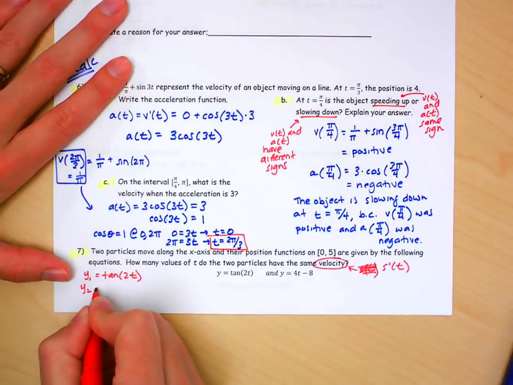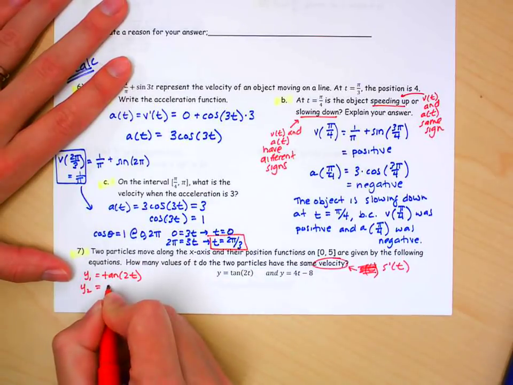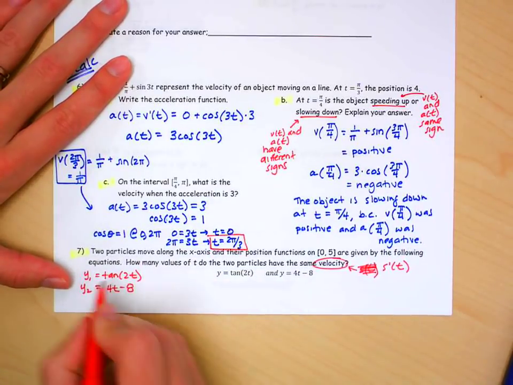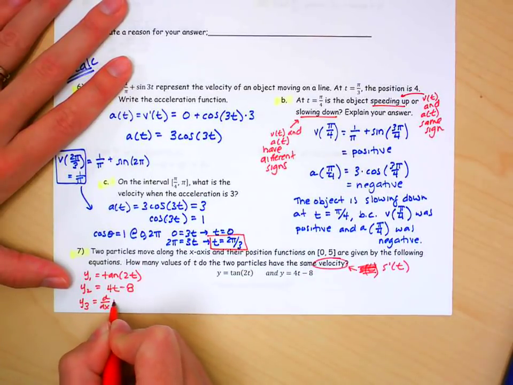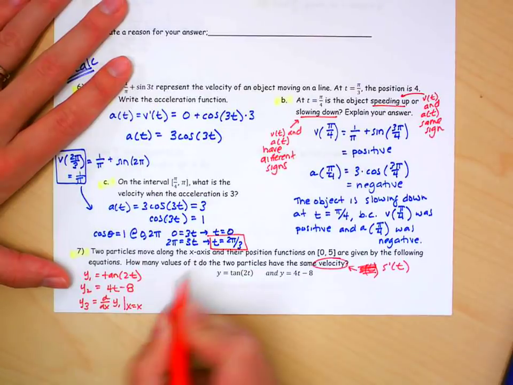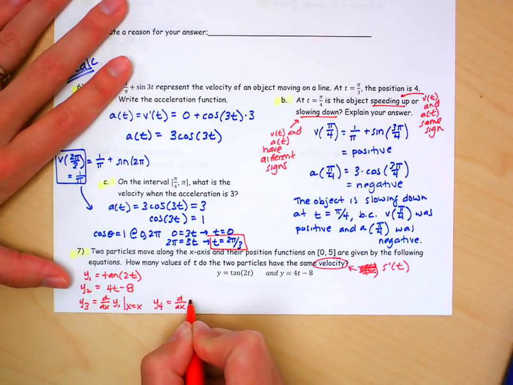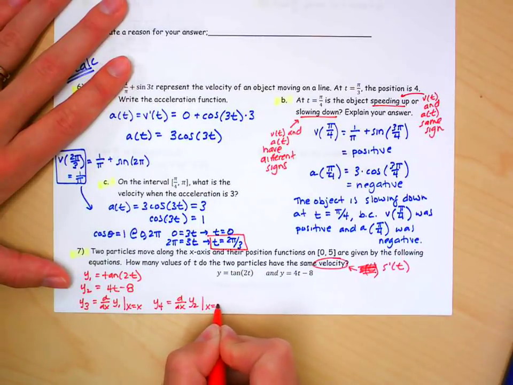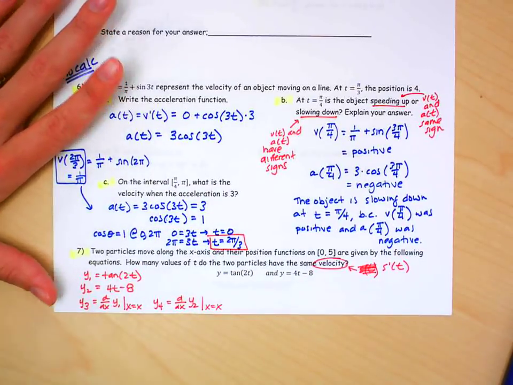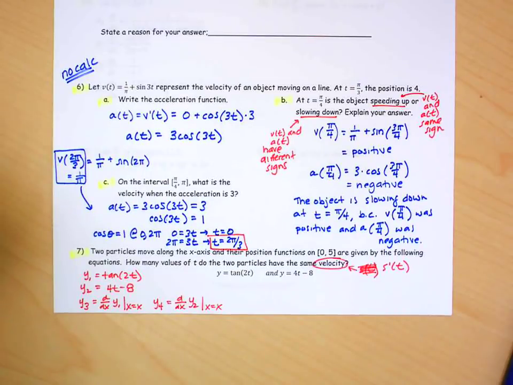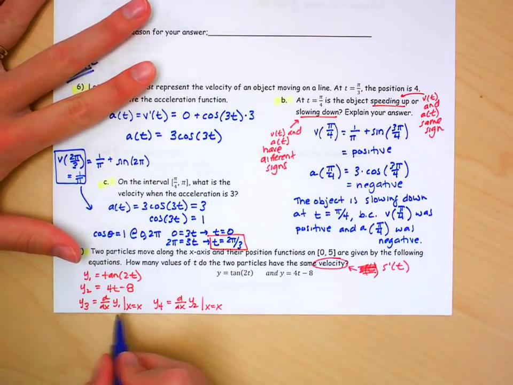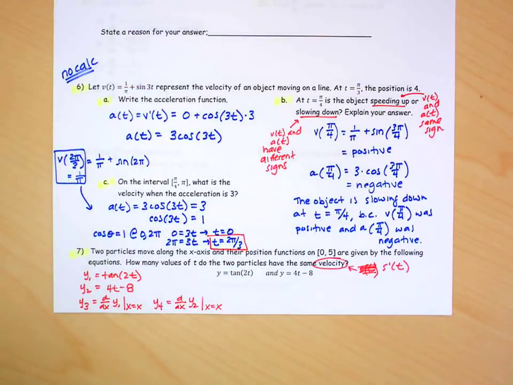In y2, I'm going to have 4t minus 8. In y3, I'm going to have the derivative of y1. And in y4, I'm going to have the derivative of y2. And we're testing it at all points, so that'll graph, right? I want to know when y3 equals y2.